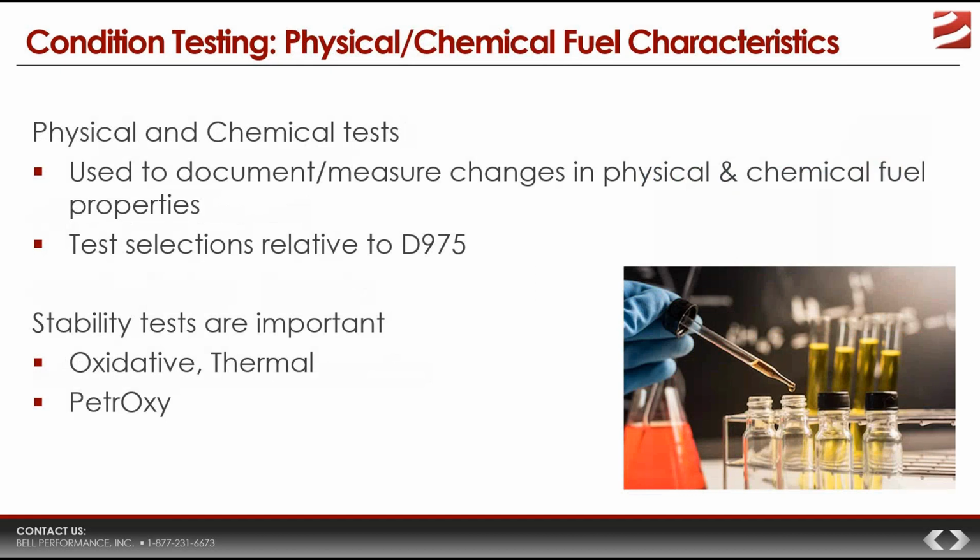Now, we move from gross observations of the fuel samples to physical and chemical tests. These are the tests that are done in a laboratory following specific protocols and procedures, and they build upon gross observation testing because their results are replicable and reproducible.